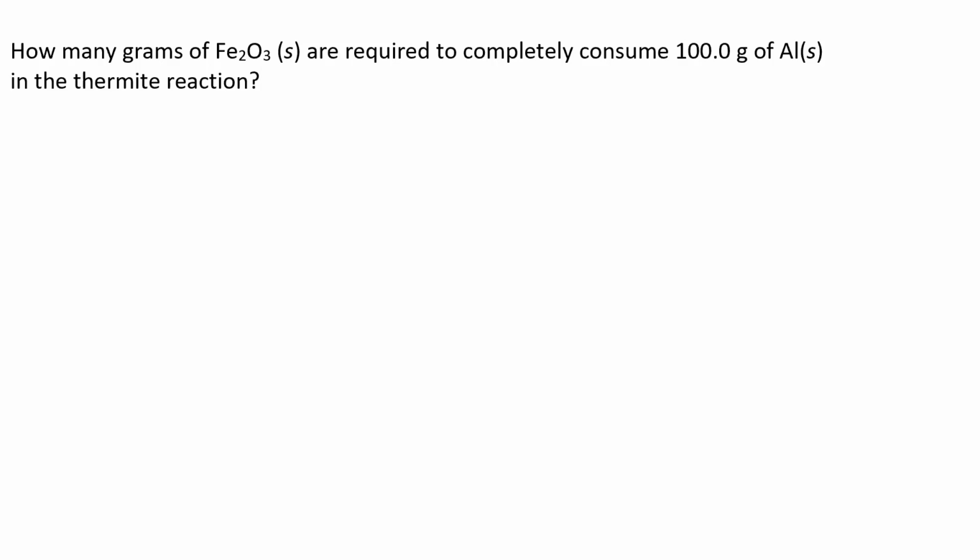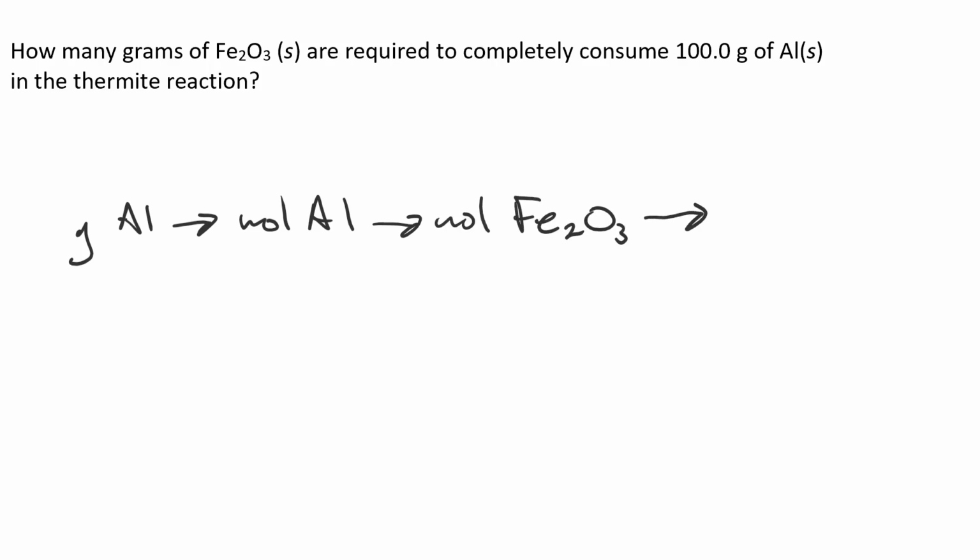The strategy is going to be to go from grams of aluminum to moles of aluminum to moles of Fe2O3 to grams of Fe2O3.